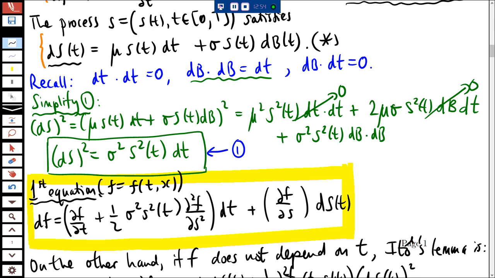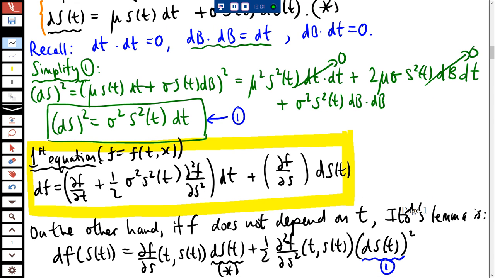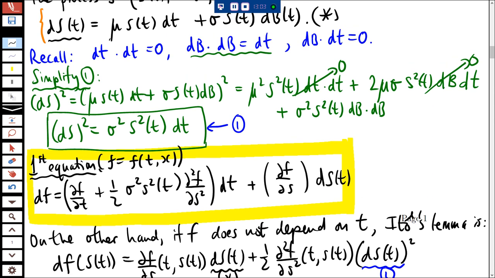And this has dt's and dB's. So if I'm going to collect together all the dt's, I'm going to have one coming from here.